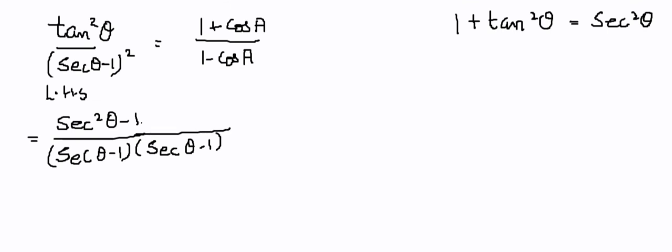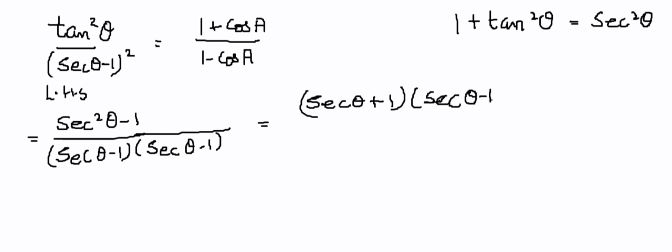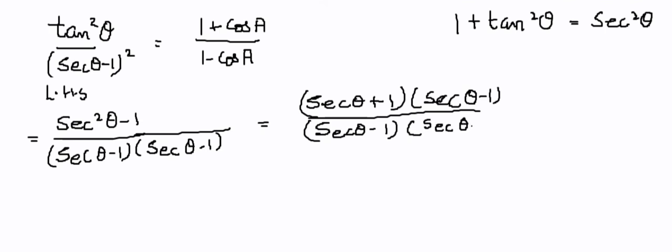Now a square minus b square formula I am going to use. So here I will have sec theta plus 1 into sec theta minus 1, and in the denominator already I have sec theta minus 1 into sec theta minus 1. Now we can cancel this out. I am left with sec theta plus 1 and sec theta minus 1.